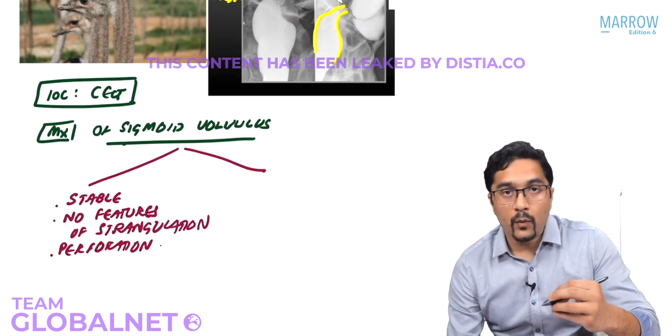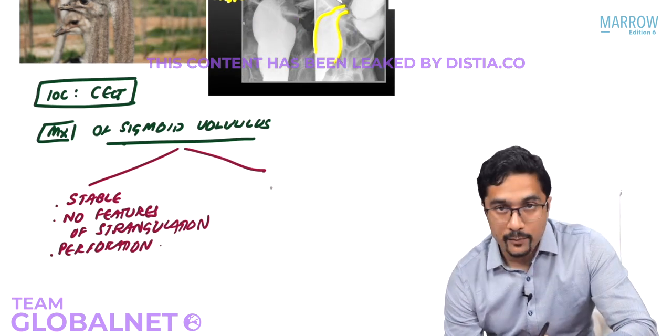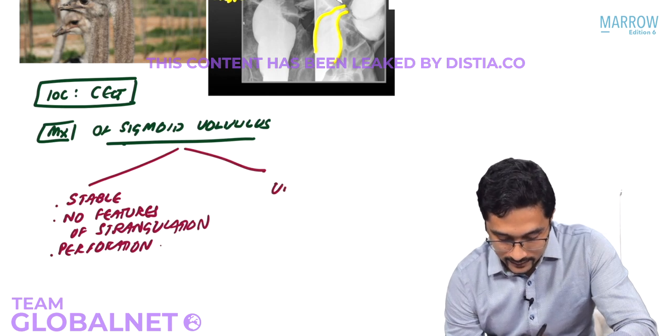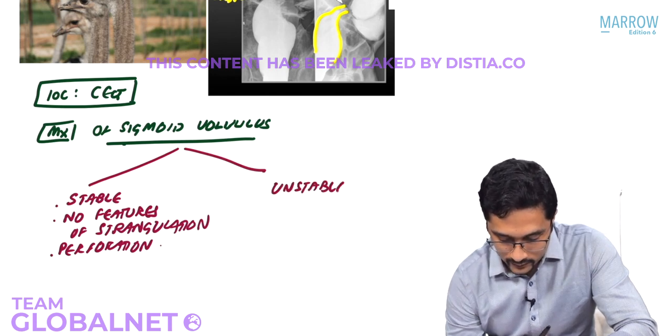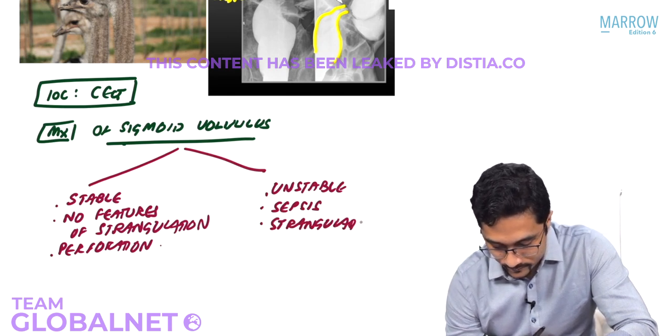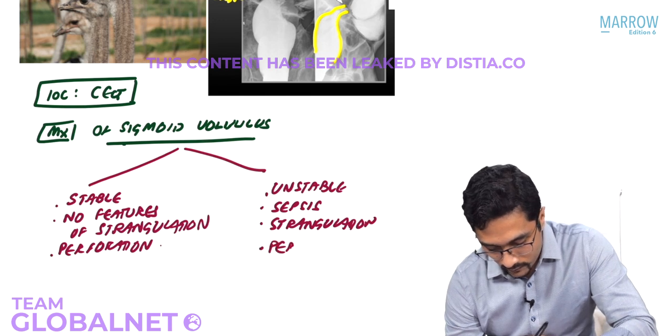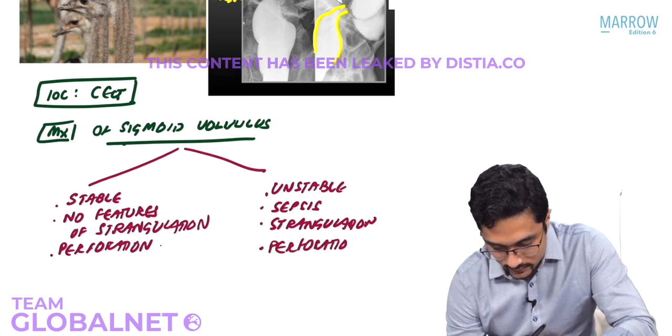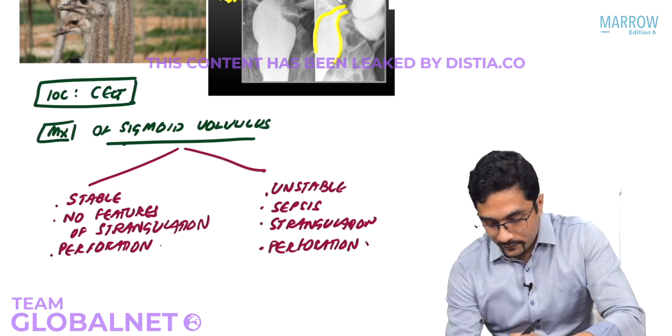That is scenario number one. And scenario number two is that the patient is unstable or has sepsis, has strangulation or perforation. So these are the two situations which are there.